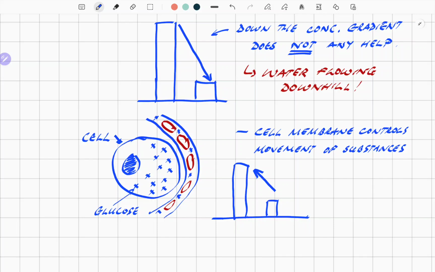We want to go from low to high, which is obviously against the concentration gradient, and so need to move substances against the gradient.